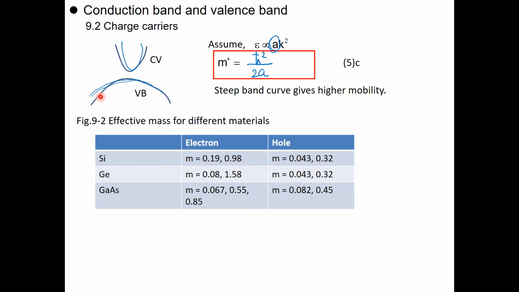Depending on which curvature state your electrons or holes are in, the effective mass, so how easily they move around, is different. And there are many different values, meaning electrons in different states or holes in different states.